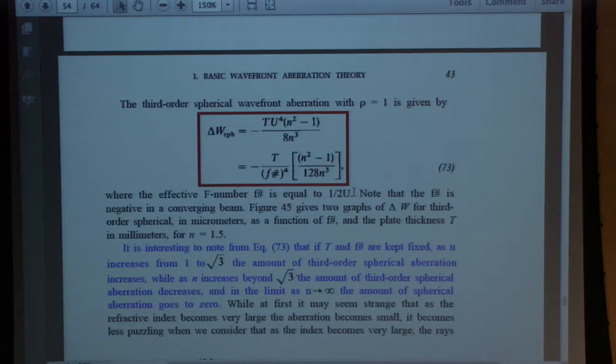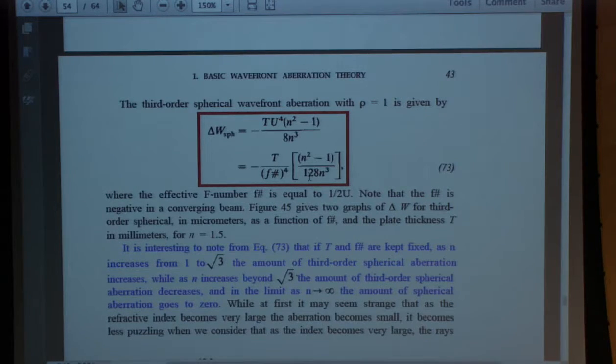And the last equation, no one should ever memorize this equation, but there's a couple things about it that you want to remember. One is, it's proportional to T, that's very easy to remember. Inversely proportional to the f number to the fourth power. And then it depends upon the refractive index, (n squared minus 1) over 128 n cubed. Small f numbers, bad problems. I've seen this so many times.